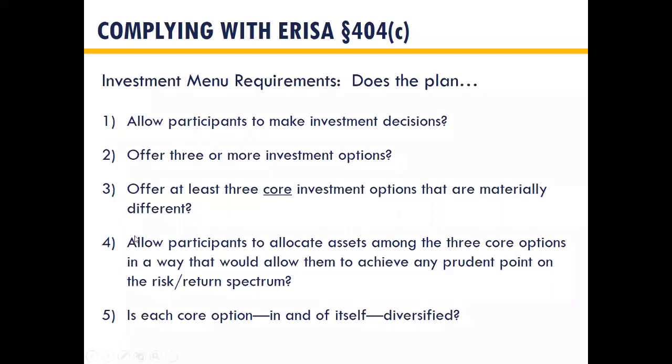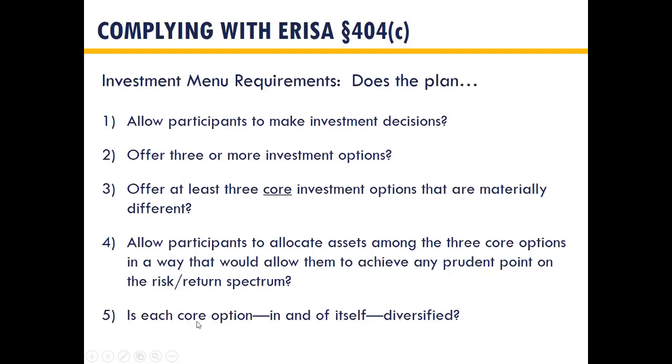So that's really what this is all about, is making sure that no matter how a participant is wired with regard to the management of their money and their risk, that they can mix and match from among the choices in your plan and come up with a prudent investment selection.